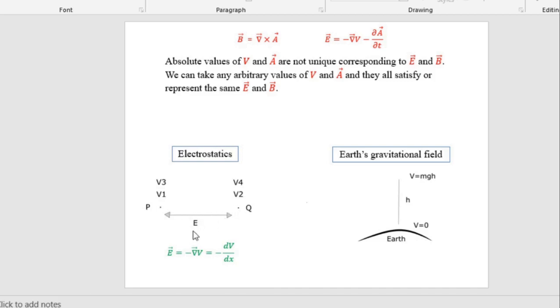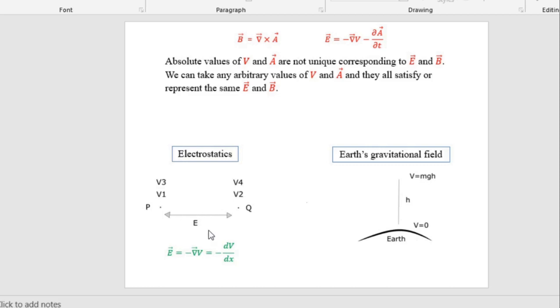Rather, the electric field will depend only on the potential difference. Okay, that means we can take any arbitrary value of the potentials at a given point, and it will not have any effect on the physical field.